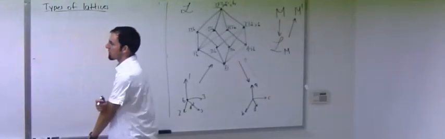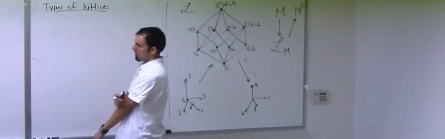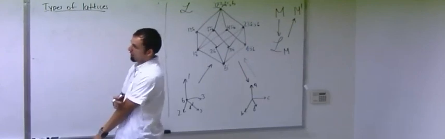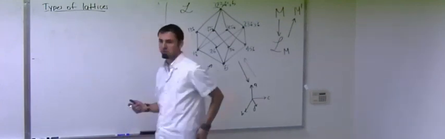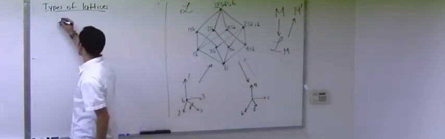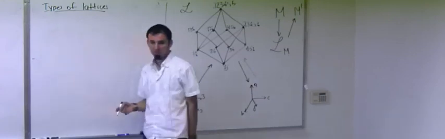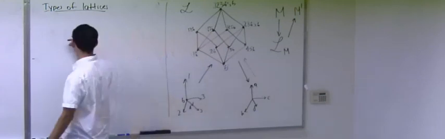So I'm going to construct an isomorphism from L to LM. And I'll tell you what exactly it means to be an isomorphism of posets. But in any isomorphism, the first thing that you need is a map from an element of L to an element of LM. And this is what I'm going to show to you.